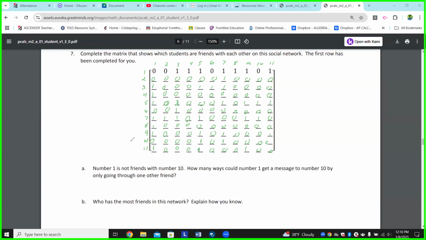Easiest way to think about this is think about who's friends with 10. Now, those friends who's also friends with 1. Got it?